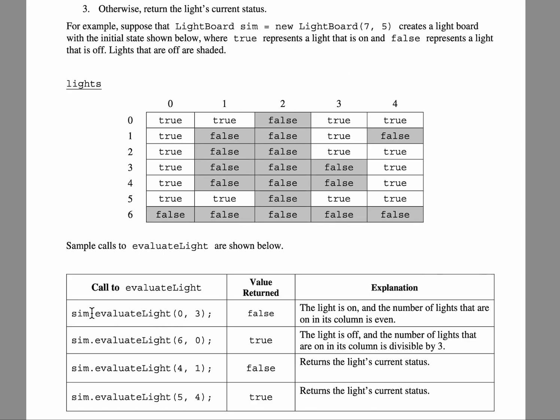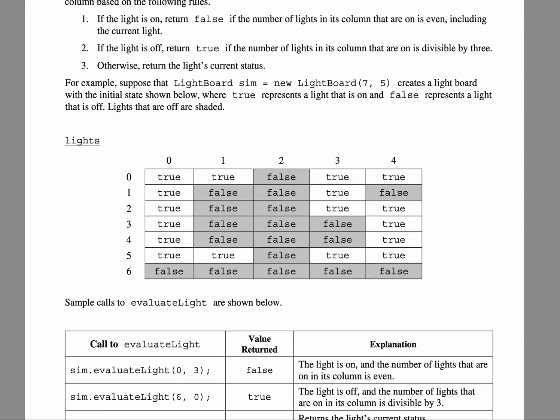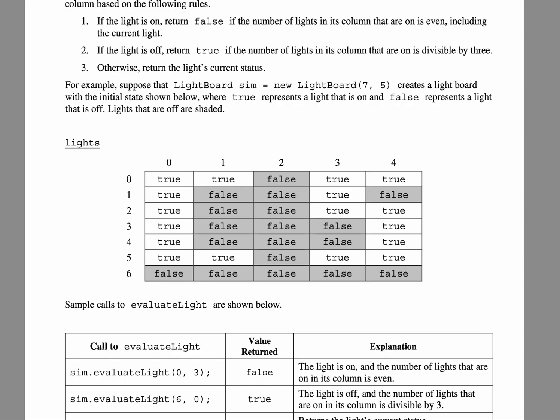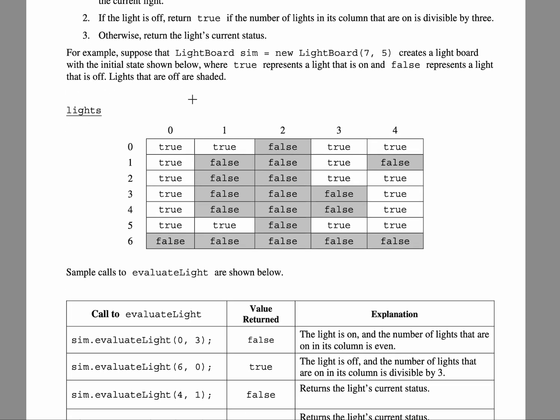If I were to call this method with a LightBoard object called sim, and I looked at 0, 3, your method should return false, because at 0, 3, it's true, and the number of trues in that column, I'm looking down here, is 1, 2, 3, 4. That's even. So that should return false as described in Rule 1. So take a look at that. Good luck, and grade your responses when you're done.